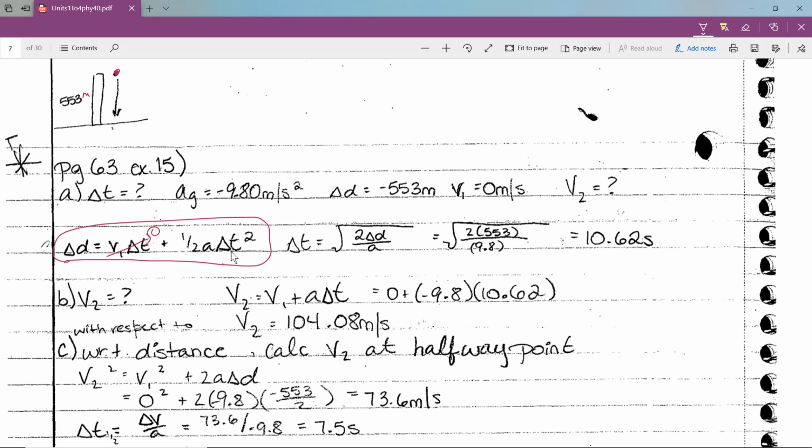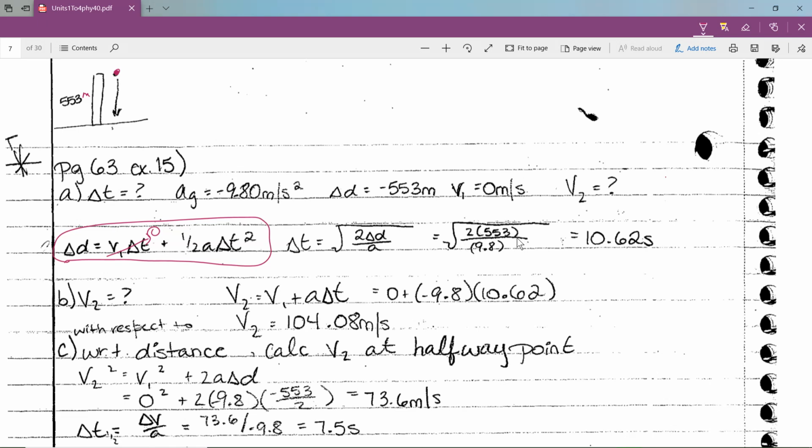So I can isolate for delta t, so it's 2 delta d over a, but I take the square root. So 2 times 553 over 9.8, and you see that it takes 10.62 seconds.